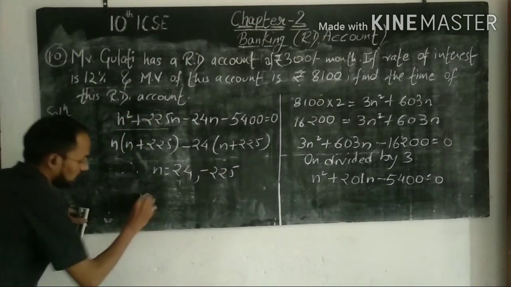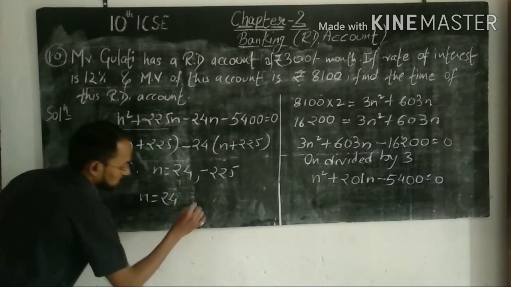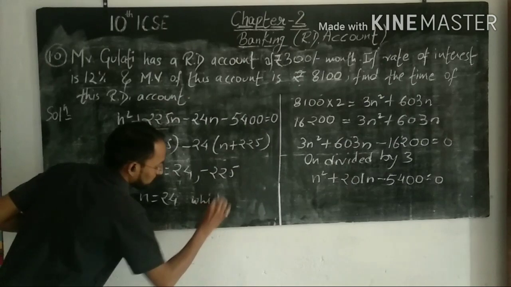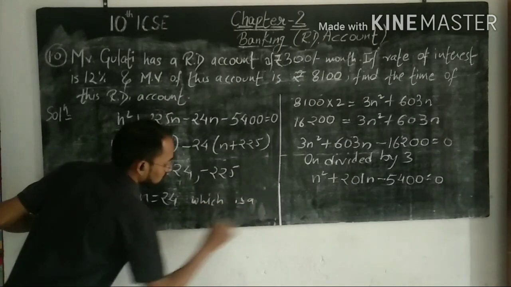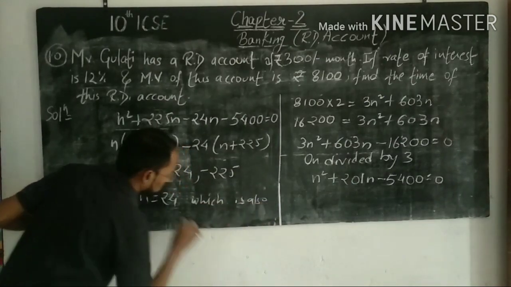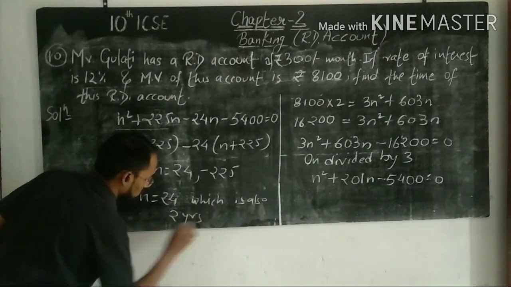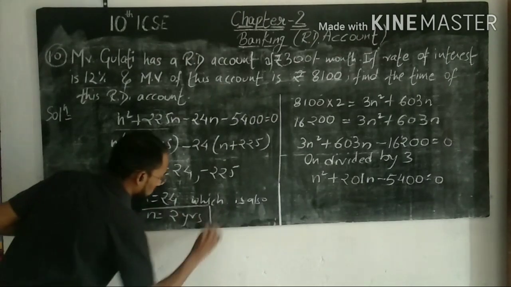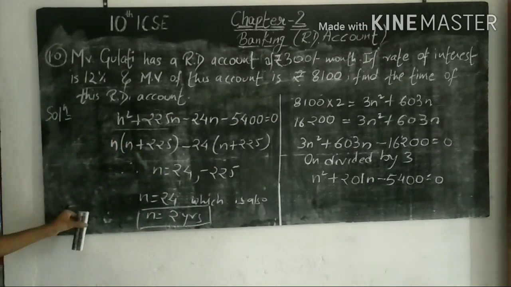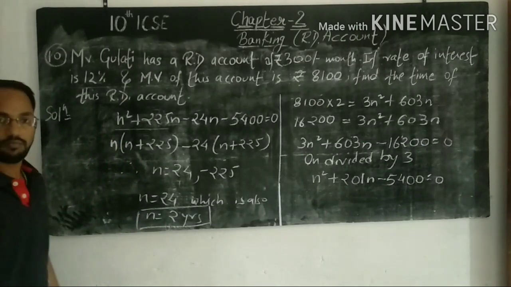So we consider n equal to 24, which is also 2 years. So the time period is 2 years or 24 months.